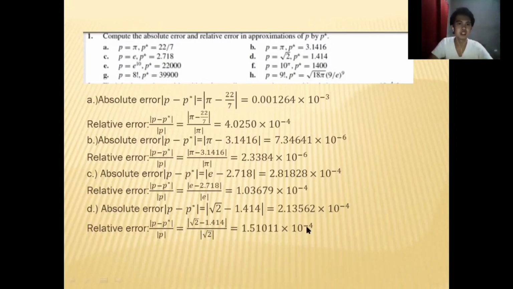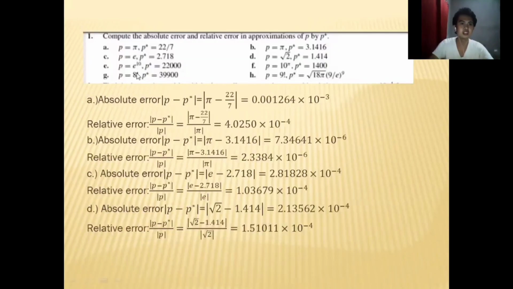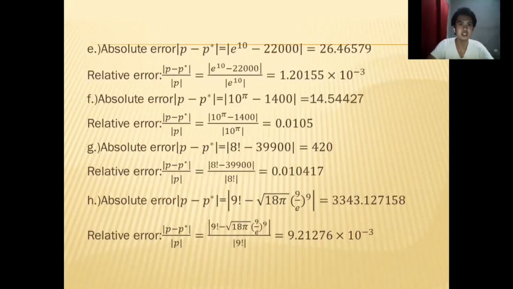And next, in letter E, absolute error: absolute value of e to the power of 10 minus 22,000 equals, using a calculator, 26.46579.